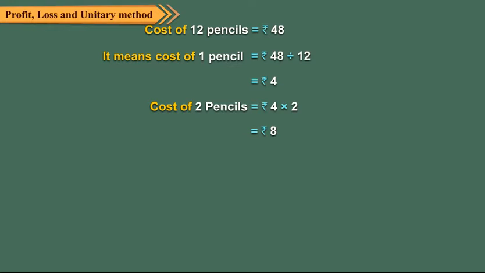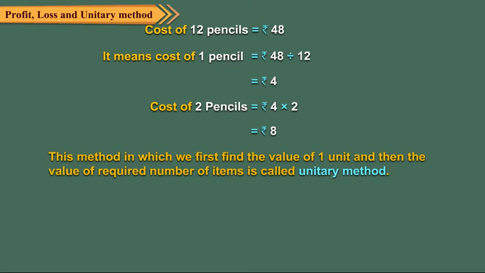To find the cost of one item, we divide. Using the cost of one item, we find the cost of the required number of items by multiplying. So, the cost of 2 pencils is equal to rupees 4 multiplied by 2, which is rupees 8. This method, in which we first find the value of one unit and then the value of the required number of items, is called the unitary method.